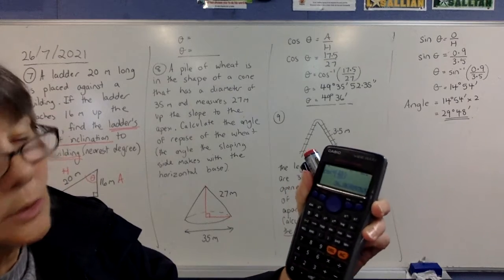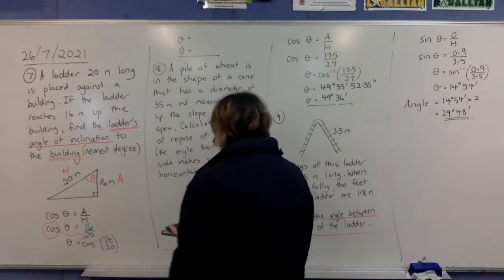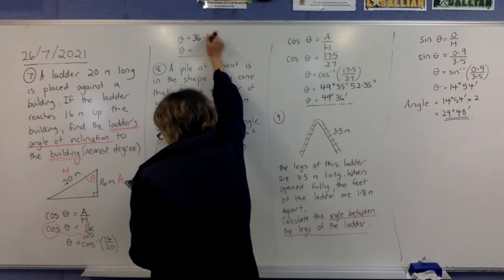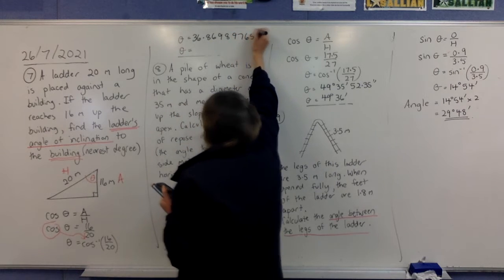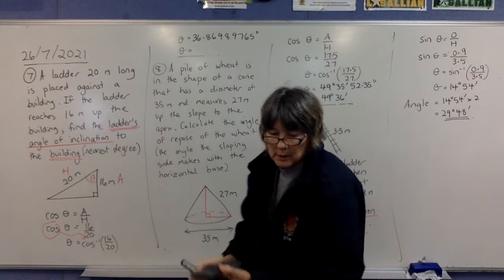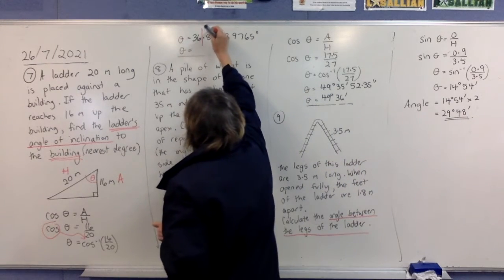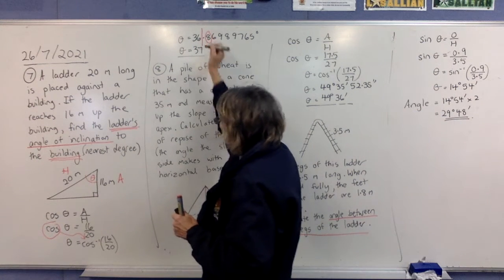We're going to the nearest degree, so I'm going to write that answer down. That's in degrees. We're going to the nearest degree. So we want the nearest whole number, and that will become 37 degrees.